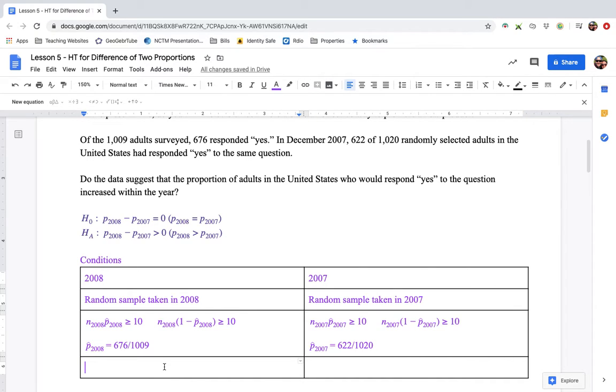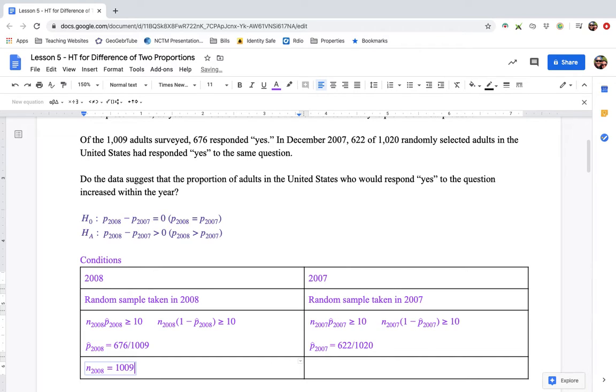So the sample size in 2008 was 1,009. We're talking about U.S. adults randomly selected. That is certainly less than 10% of all U.S. adults. And then the same thing holds true in 2007. So why is this important?